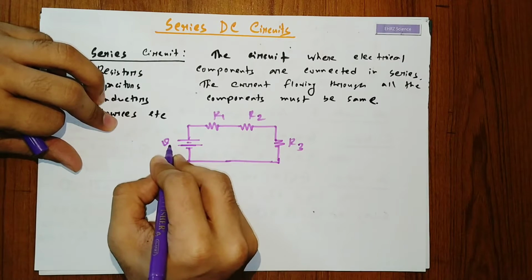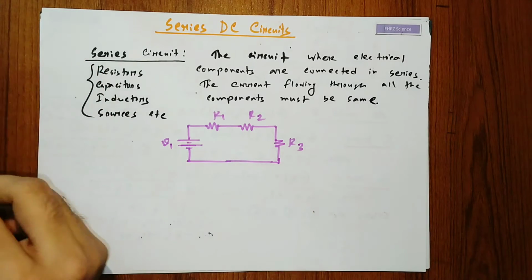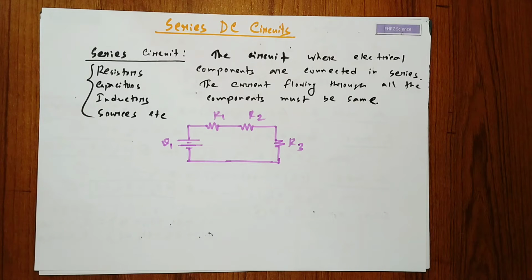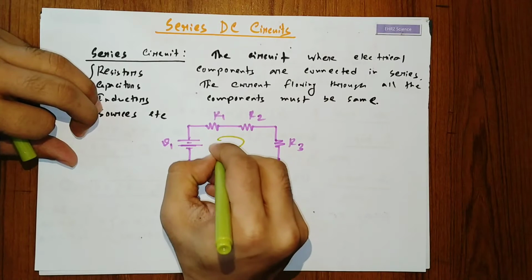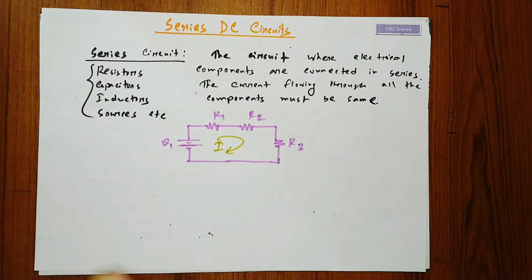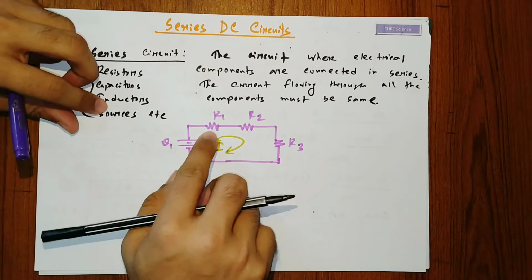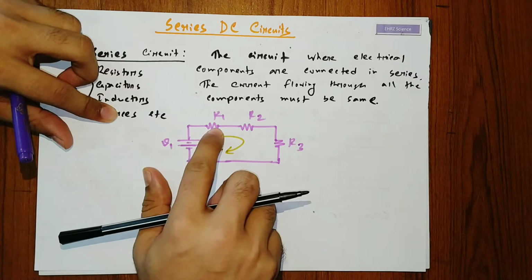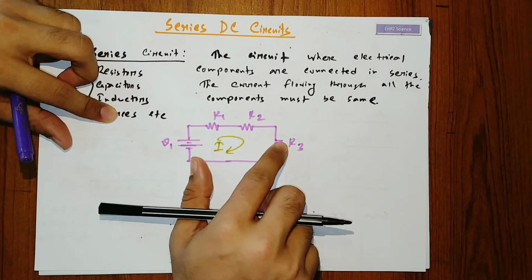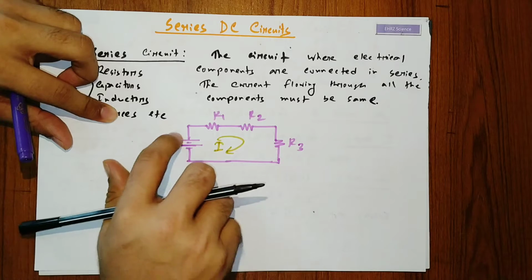Suppose the value of the voltage source is V1 and the current flowing through the circuit is I. Now, as we see, this voltage source V1, resistor R1, resistor R2, resistor R3, all are connected in series.